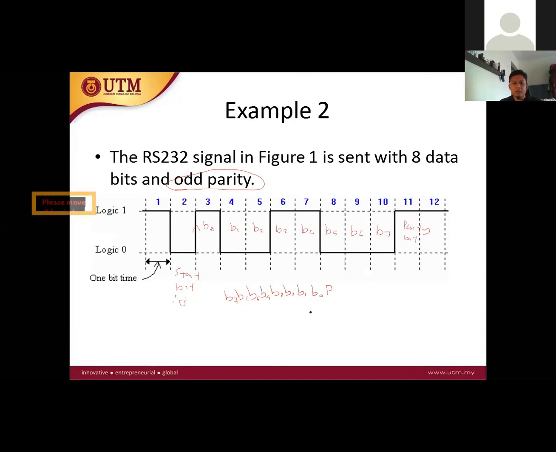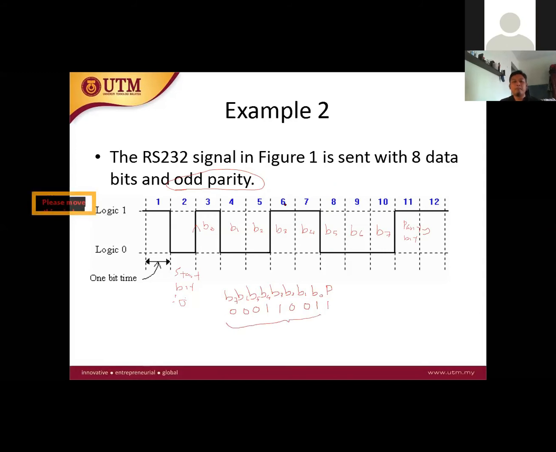So the data value will be 1, 0, 0, 1, 1, 0, 0, 0. And the parity bit is 1. And so this is the data.